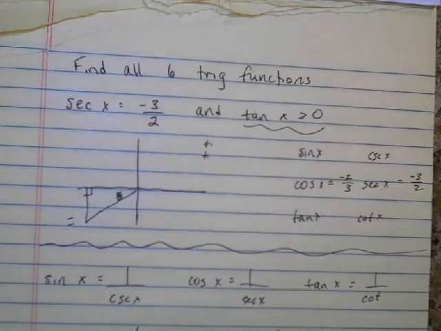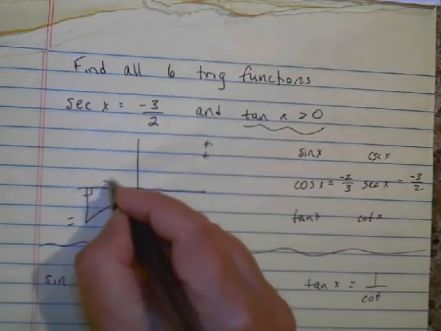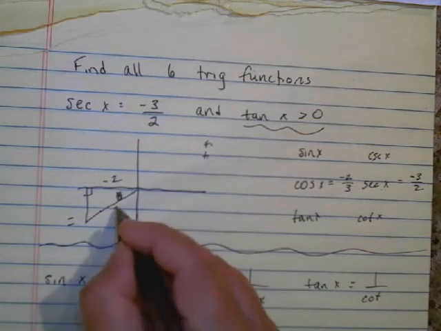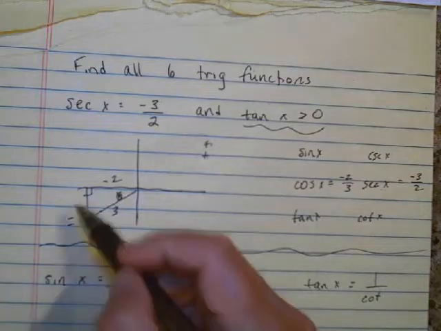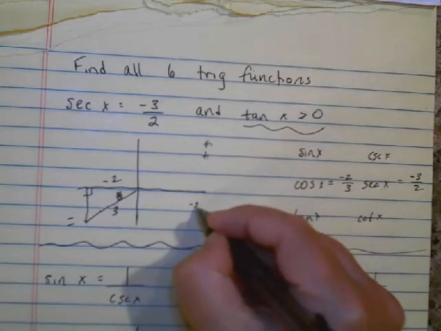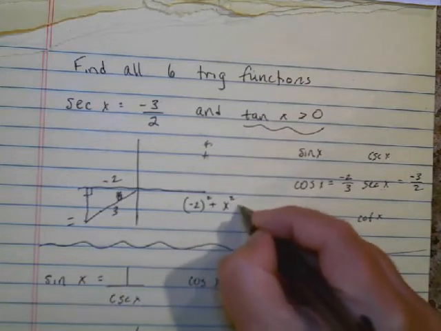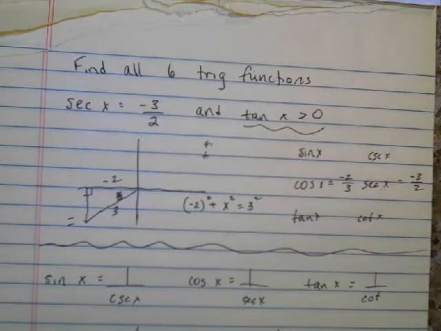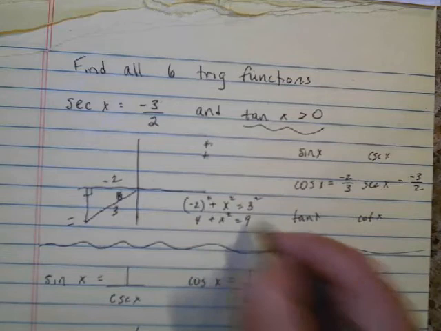So now I know that cosine is negative 2/3, so the adjacent is negative 2, and the hypotenuse is 3. So I'm going to have to use the Pythagorean theorem to find this side. So negative 2 squared plus x squared equals 3 squared. So 4 plus x squared equals 9.